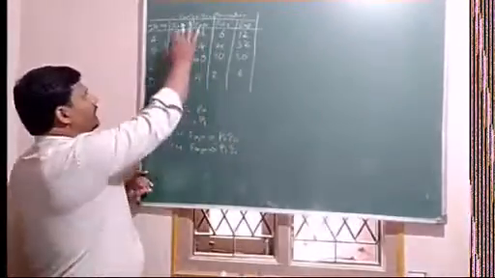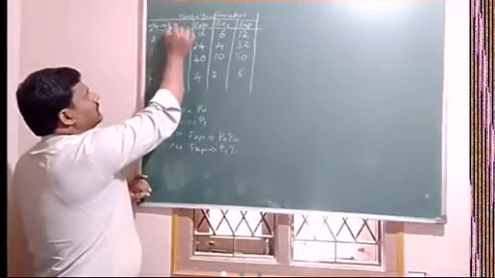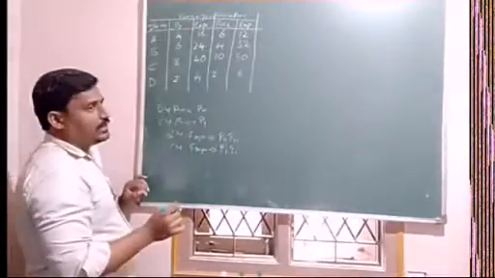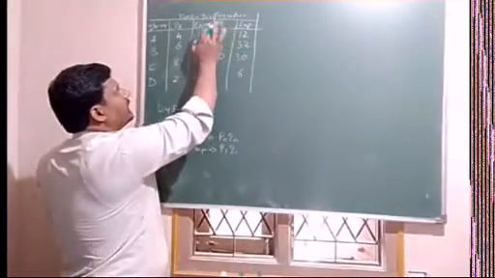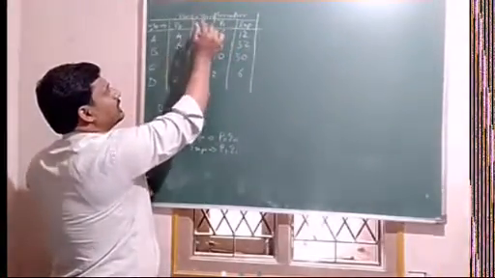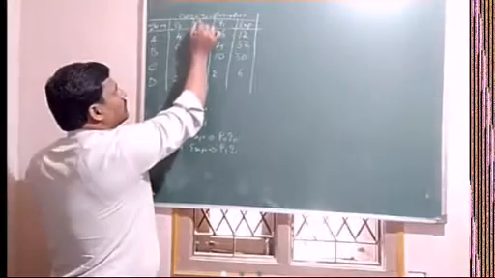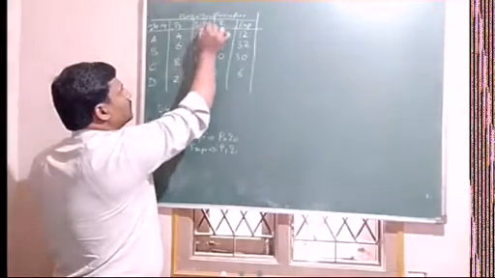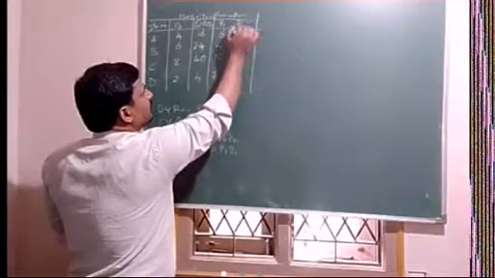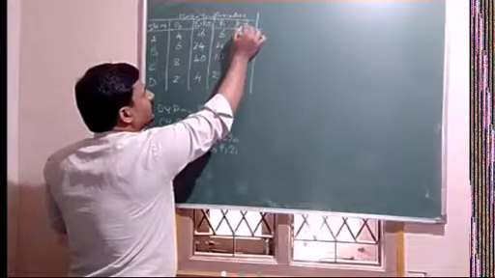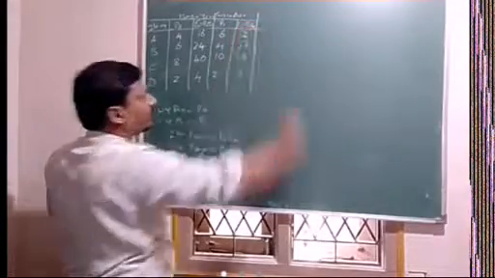So we'll rename them. Base year price is P naught and current year price is P1, whereas base year expenditure E naught is equal to P naught into Q naught, and current year expenditure E1 is equal to P1 into Q1.